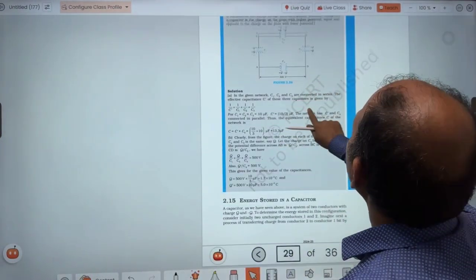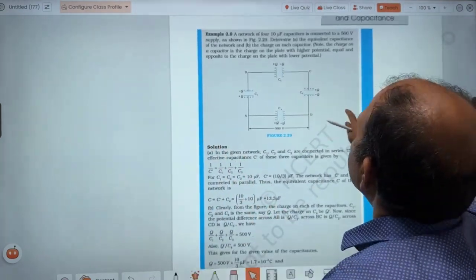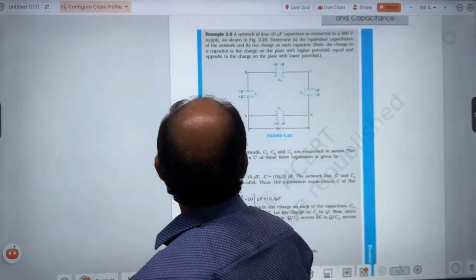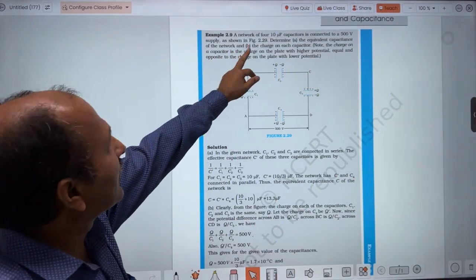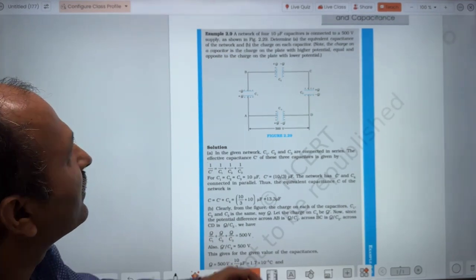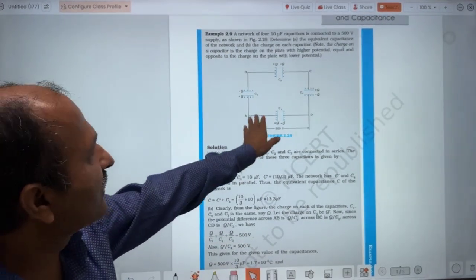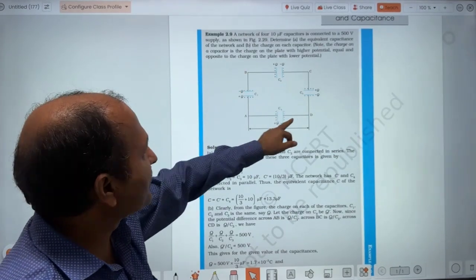Now we are going to see one numerical based on this concept. Here the question says a network of 4 capacitors of 10 microfarad each is connected to a 500 volt supply. This is the 500 volt supply, and here these are the 4 capacitors.